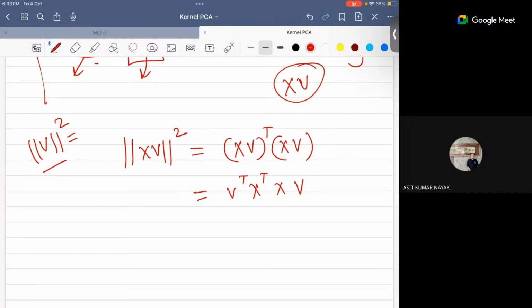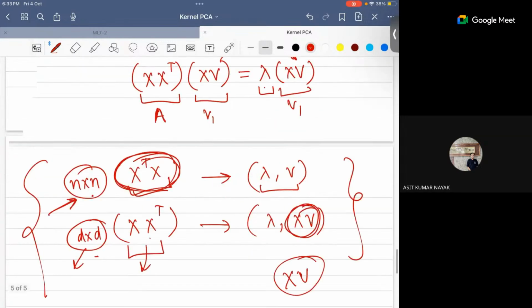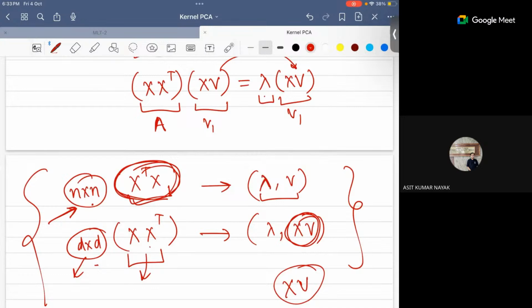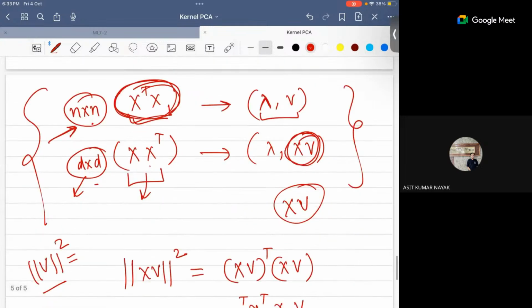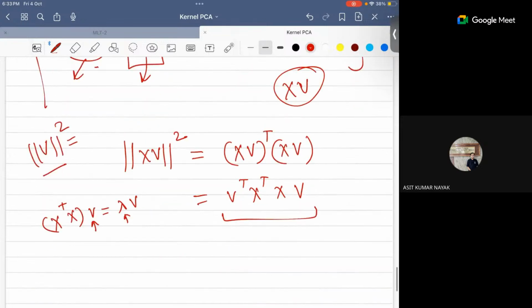From here, are you getting anything? We already know that for the x transpose x matrix, lambda is the eigenvalue and v is the eigenvector. We assumed that, right? So what can I write for x transpose xv?